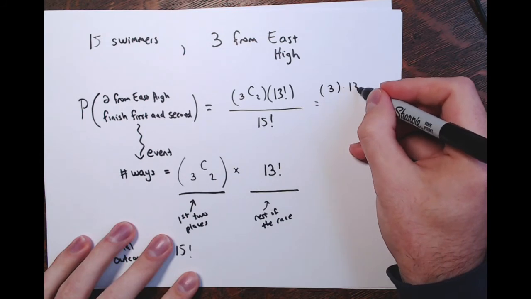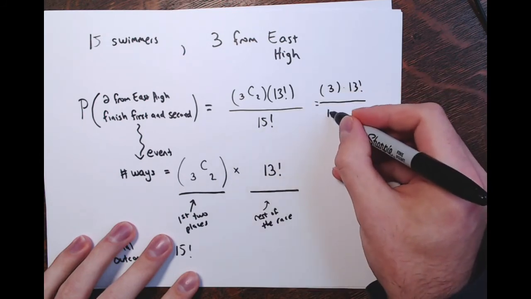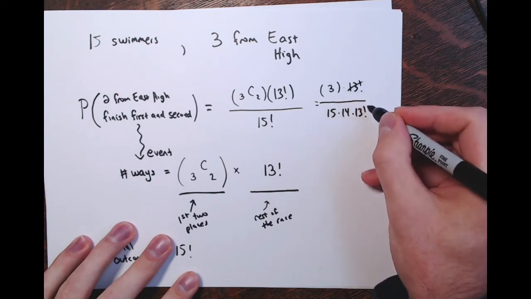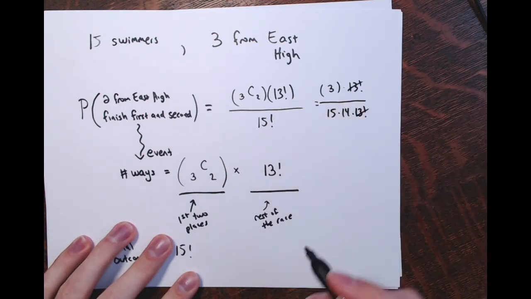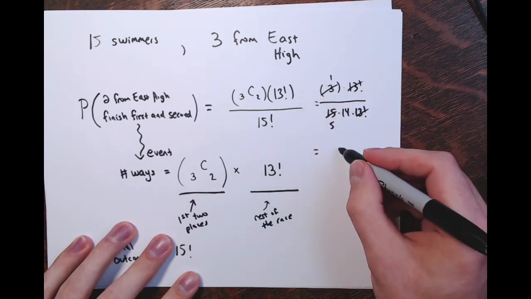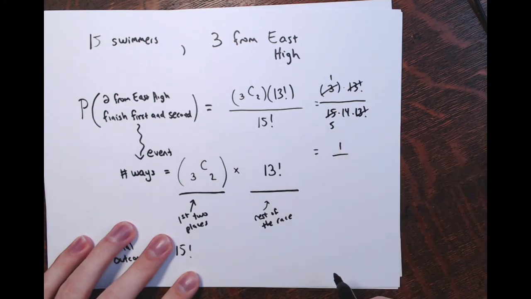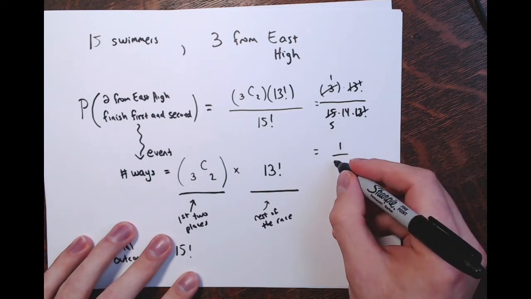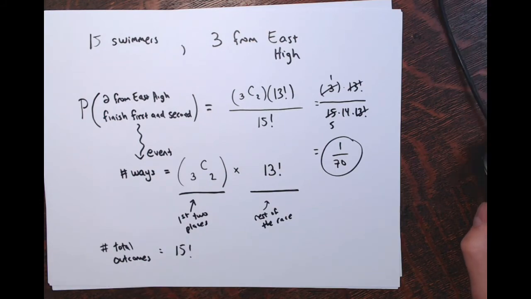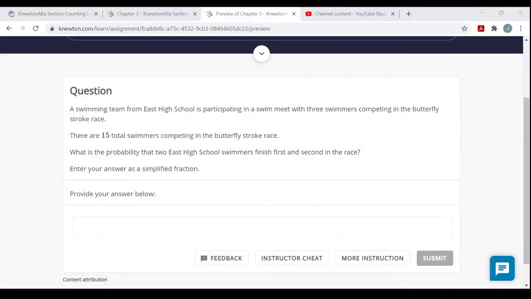And then you have 13 factorial here, and 15 factorial is 15 times 14 times 13 factorial, and 13 factorial would go away. 3 goes into 15 5 times, so I have 1 out of 5 times 14 left in the denominator, which is 70. So the probability that both the first and second place finishers are from East High School is 1 out of 70. It says enter my answer as a simplified fraction.